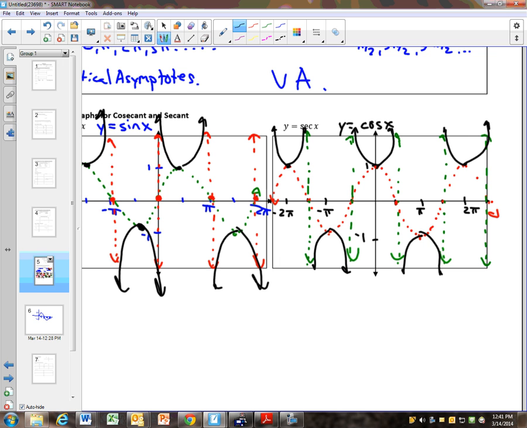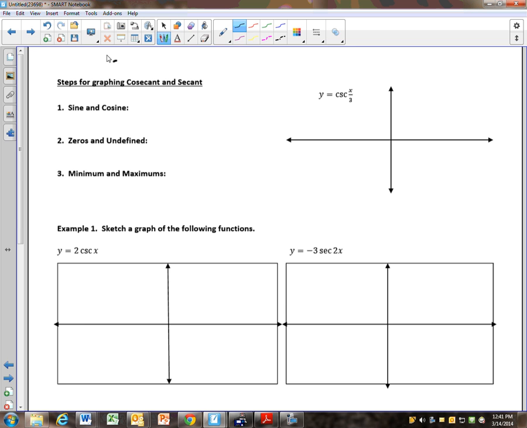So let's outline our steps real quick. Steps for graphing cosecant and secant. Graph sine of x for cosecant of x and cosine of x for secant of x. So that's what we started with.